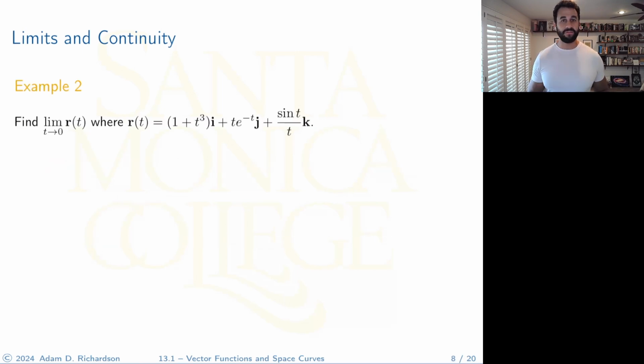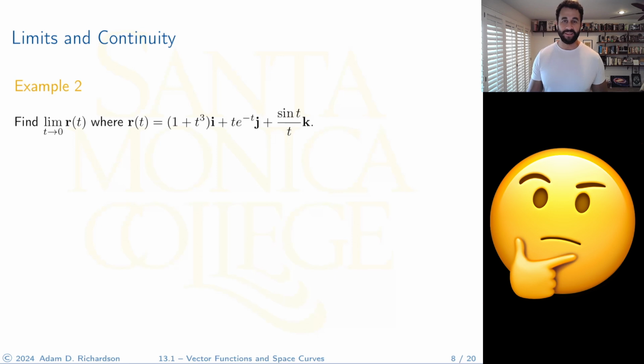All right, now here's a fun one. This will kind of dust off those old limit finding skills that you remember from Calc 1. So this is what I want you to try on your own. See if you can compute the limit as t goes to 0 of this vector function r of t, where r of t is defined like so. All right, so think about it for a minute. Think about how you would approach it.